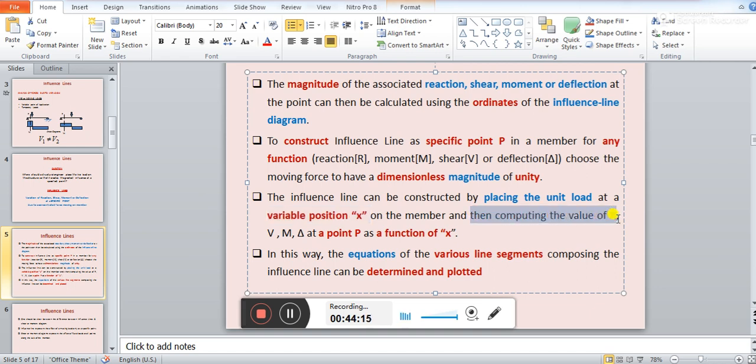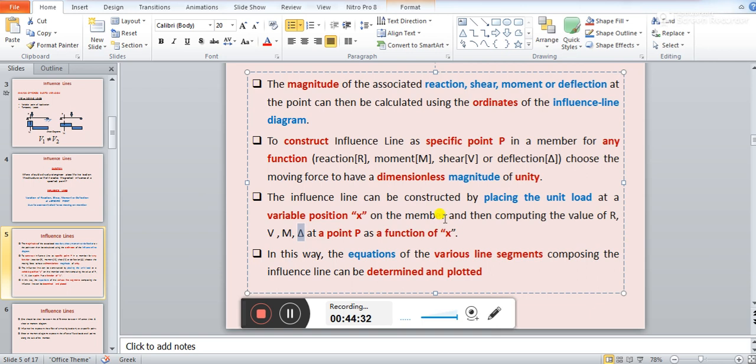What are the values you should be interested in? R means reaction, V means shear force, M means moment, and delta means deflection.